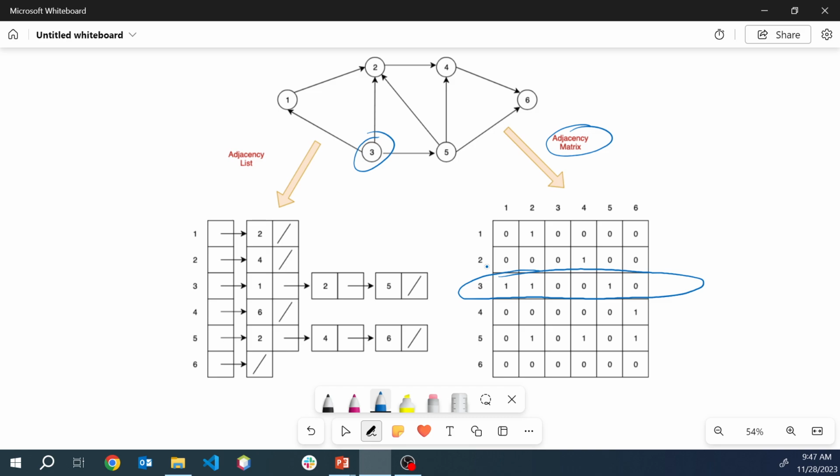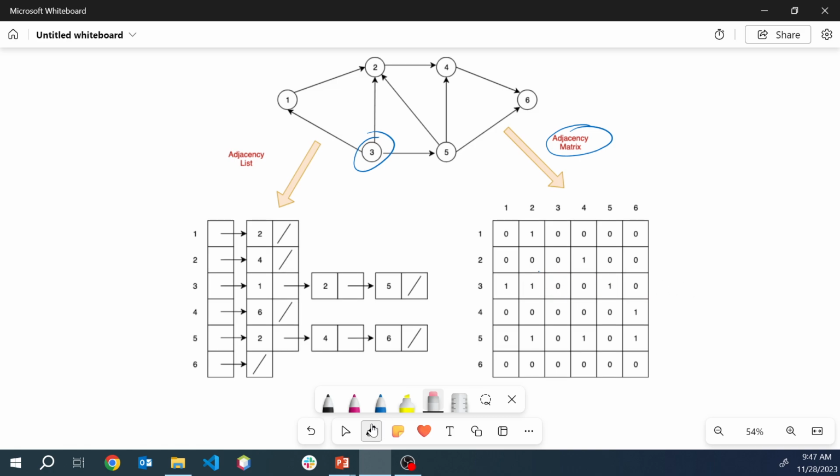How long is that row? The number of vertices. You loop over that entire row and check: are you a 1? You're a neighbor. Are you a 0? Then we're not connected to you. You're going to loop over the row, which is the length of the number of vertices.